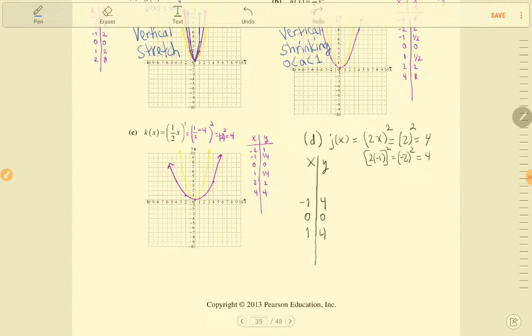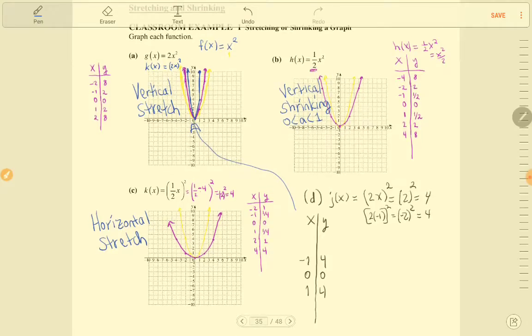Down here, with the coefficient being part of the input on both C and D, we will call that horizontal stretching, right? Because it got wider. And for D, which the picture is actually up here, the blue part, notice that D got squeezed in the horizontal direction.